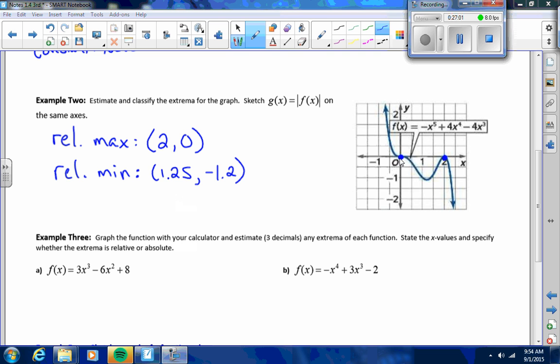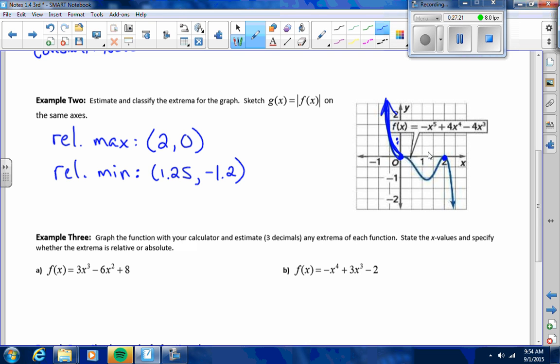The portion above the x-axis has to stay exactly the same.